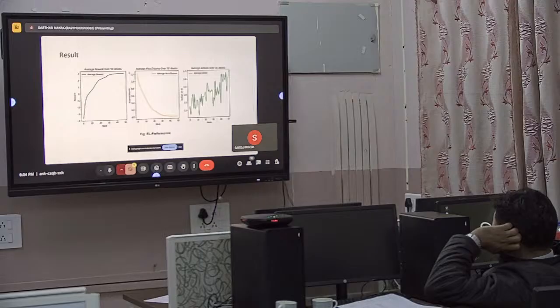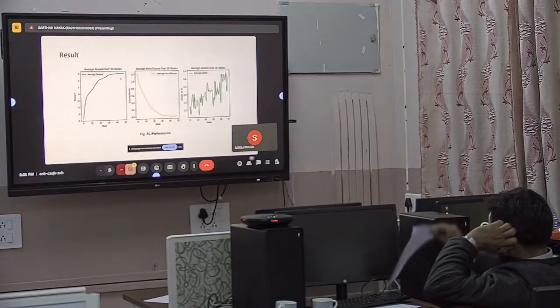So as you can see, these are the results that we got. The reward increased over the period of 50 weeks, and the microtrauma gradually reduced from 1.5. The other figure shows the activity that was taken.